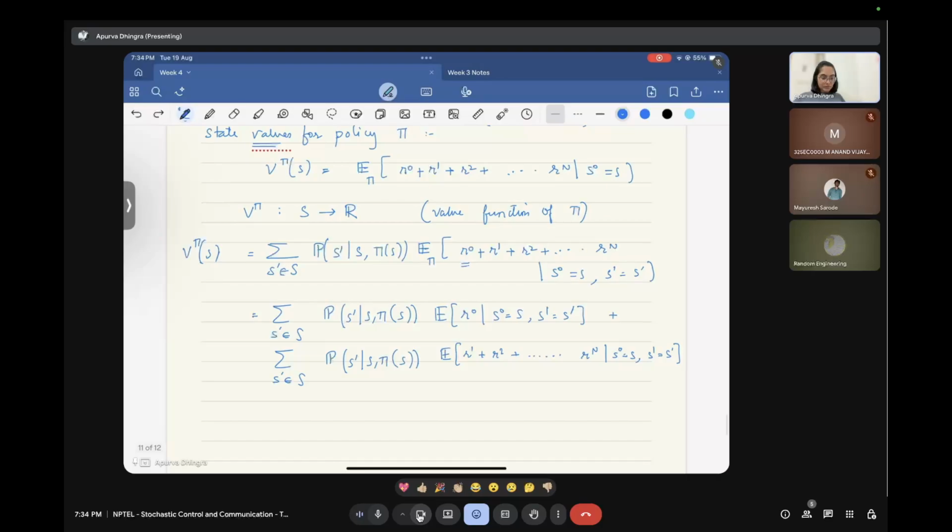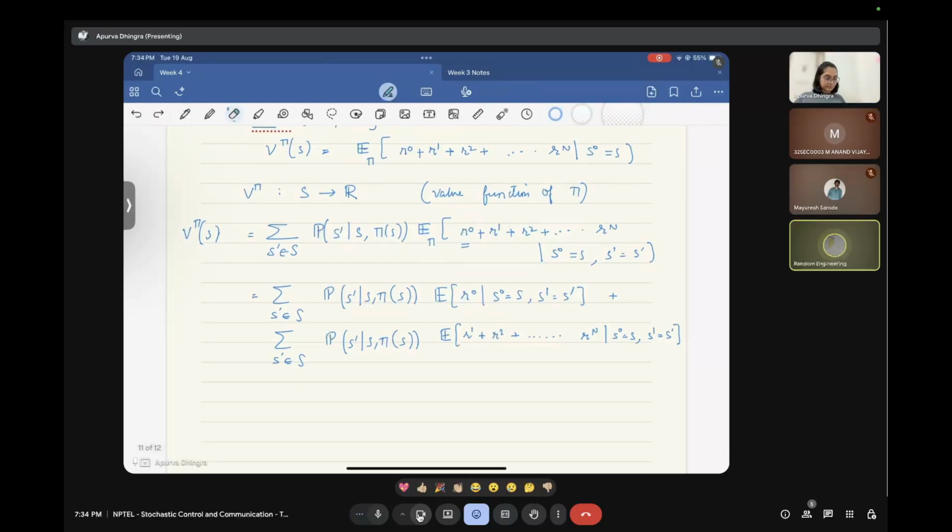Now that everything is known and the reward does not depend on time steps, R0, the domain is S0, S1 and pi only. Pi is fixed, right? Yes, it's for a fixed policy. And we know the initial state already, so we technically know the action also. It's a deterministic action.